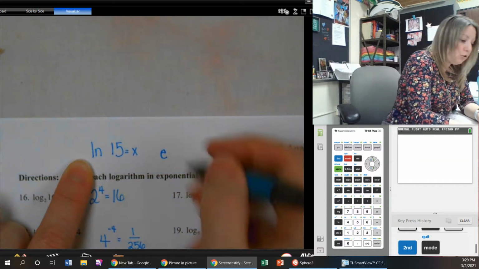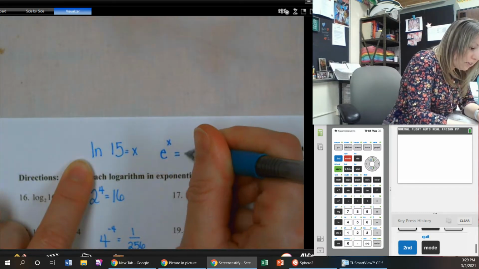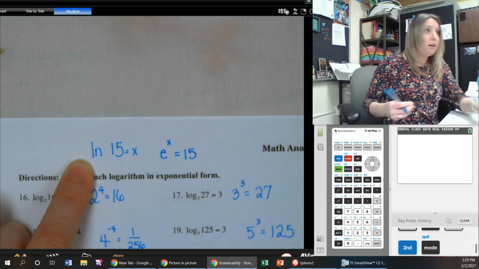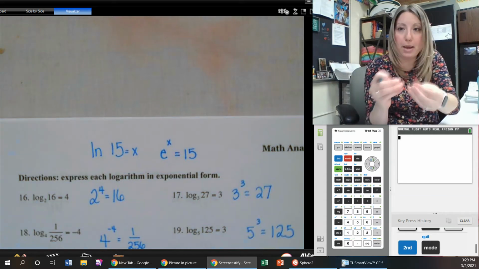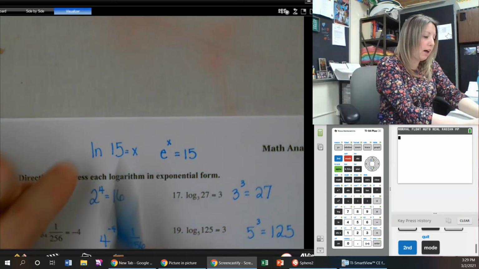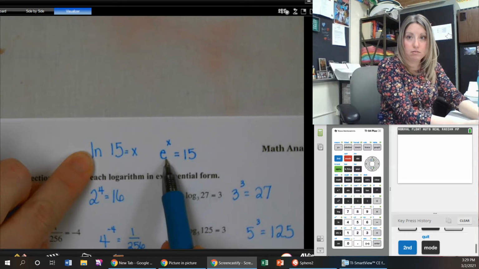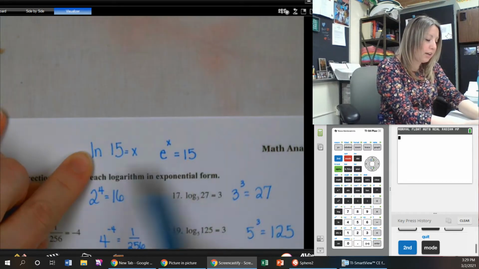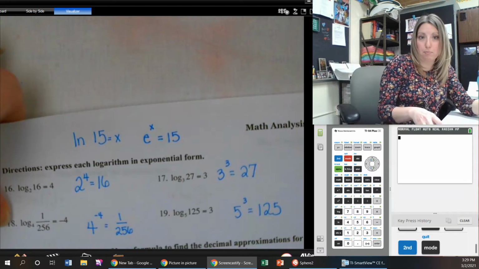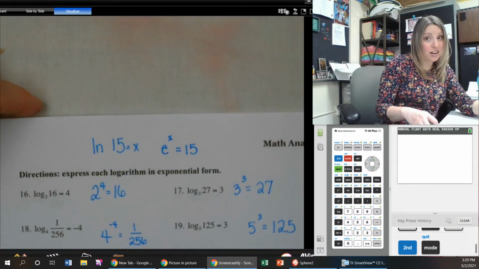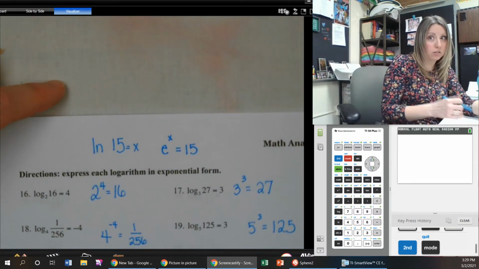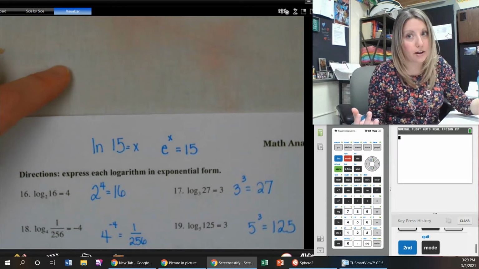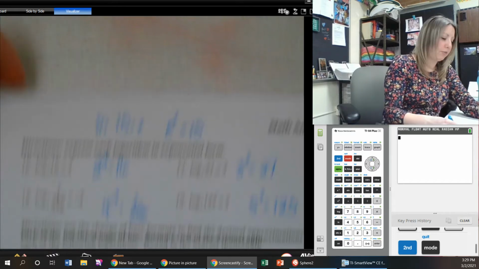Okay. e to the x power is 15. That's what the base change is. For ln, the base is e. Whatever this answer is, that's the exponent. So that's how you would change a natural log back. Notice I didn't give you a natural log in those sections, so I'm probably not going to ask that on the test. Just throwing that out there.